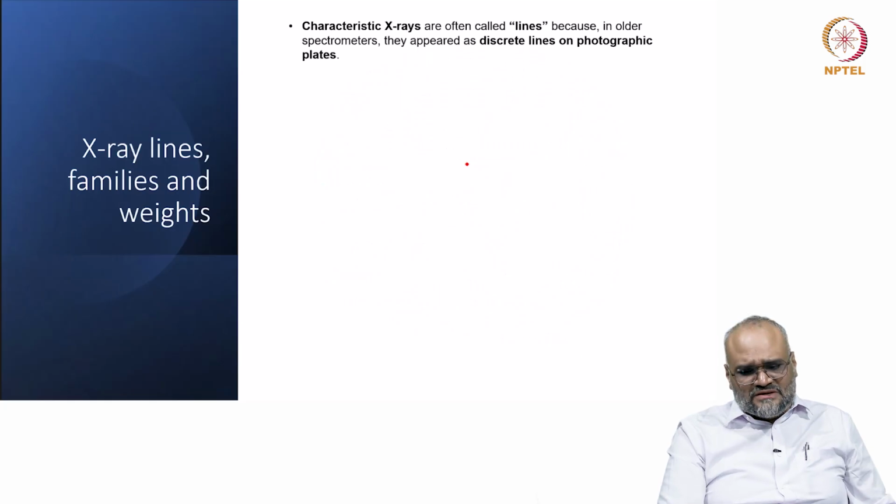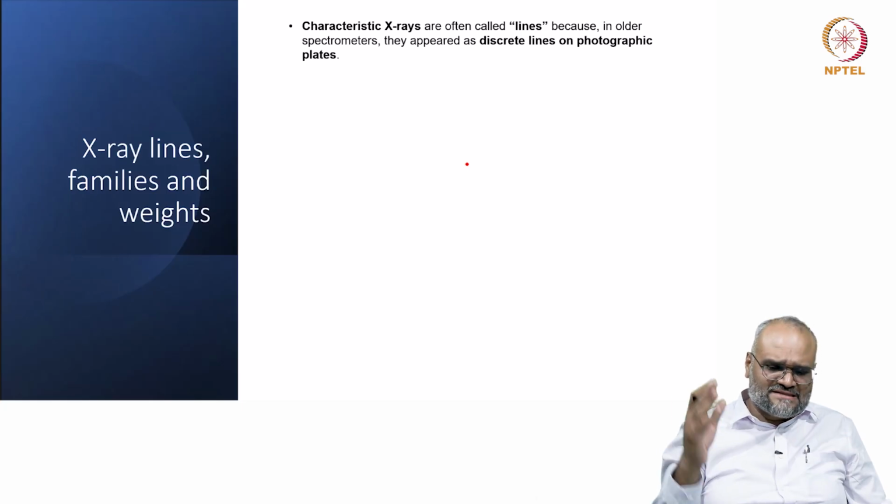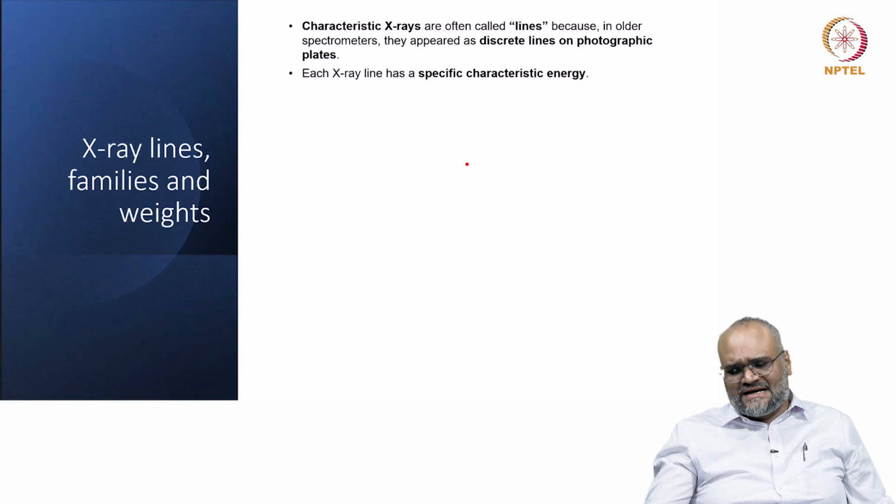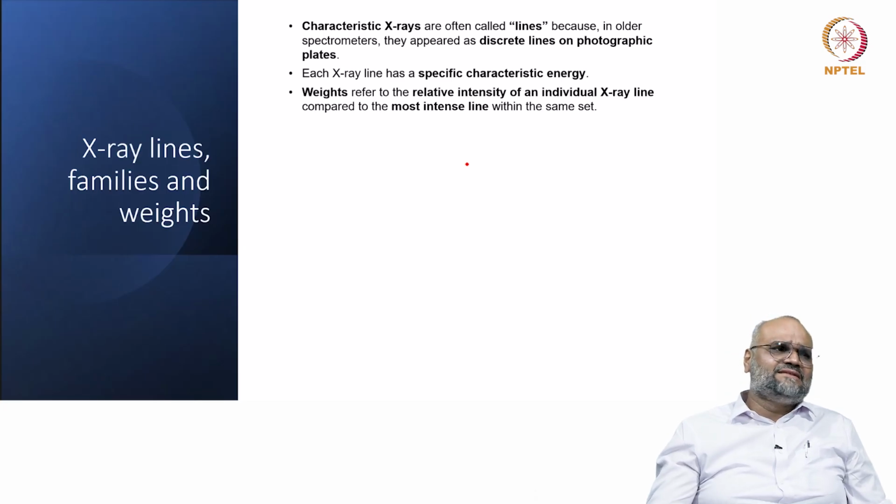Characteristic X-rays are often called lines because in the older generation spectrometers you were recording them as lines on photographic plates. Each X-ray line has a specific characteristic energy. Typically this is within the range of 0 to 20 kilo electron volts or 0 to 40 kilo electron volts.